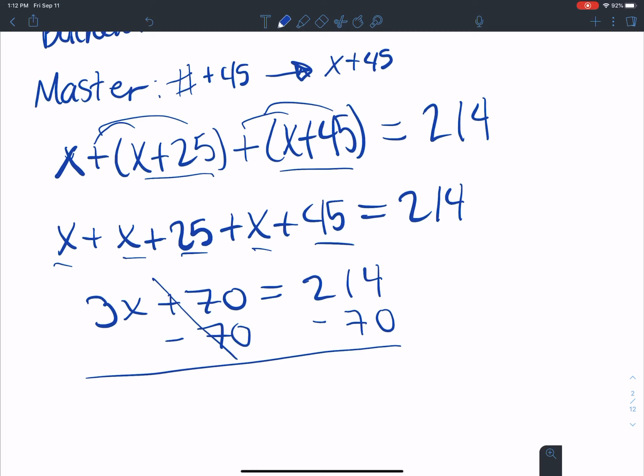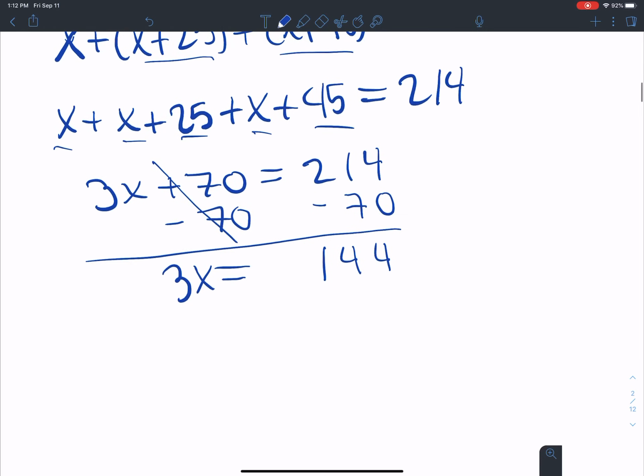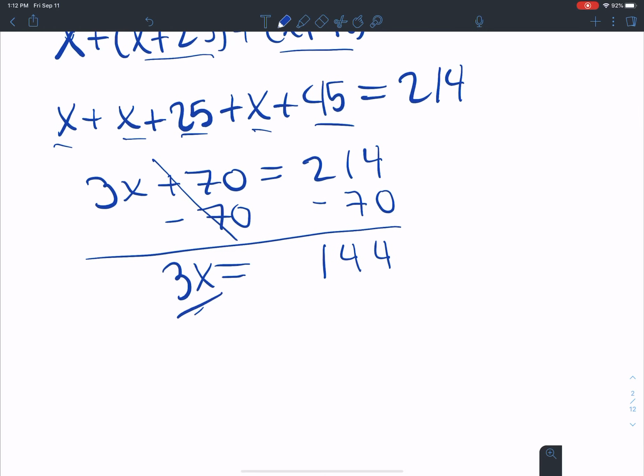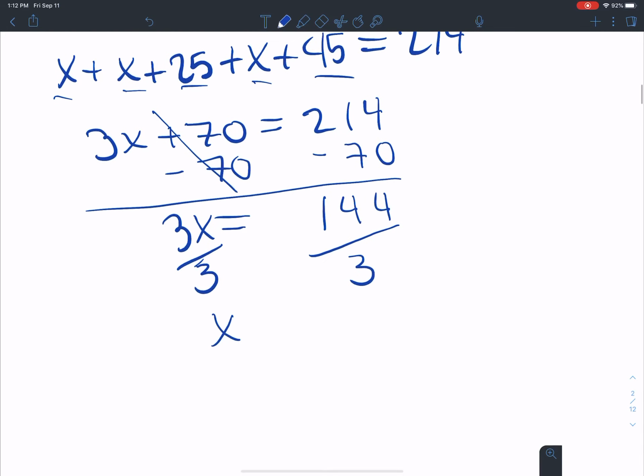Those cancel, you're left with 3x is equal to, well, 4 minus 0 is 4, 21 minus 7 is 14. So 3x equals 144. If you divide that by 3, then x is, I think, 48. But let's check that.